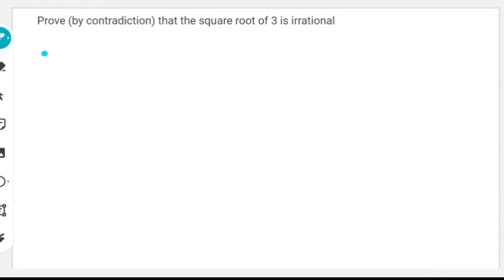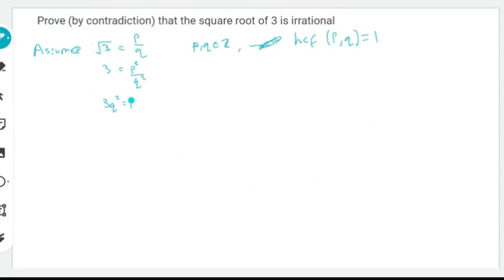Okay, so assume the square root of 3 equals p over q, where p and q are integers, and the highest common factor of p and q equals 1. Then 3 equals p squared over q squared. Then 3q squared equals p squared.